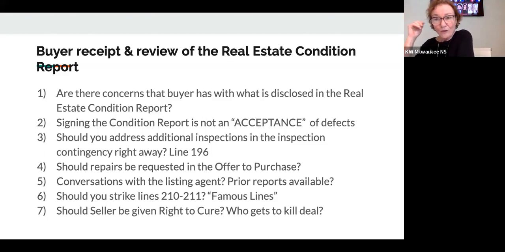So they cannot use those as a defect if they want to serve a notice of defect. This is very important. If you don't want your buyer to be constrained by things that they were aware of, you want to know the nature and extent of which, and it may be a defect, cross those lines out. Just draw a line through lines 210 and 211.